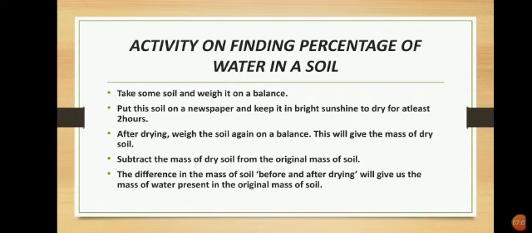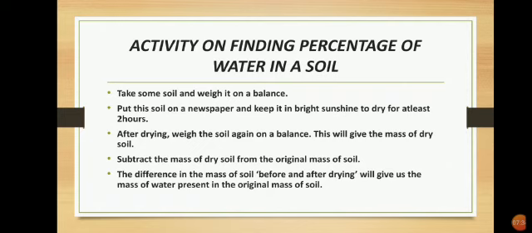Suppose initially you had taken 200 grams of soil, and after keeping it under the sunlight for around 2 or 3 hours, when the soil has completely dried, you put the same soil on the common balance again. You will find that the mass has been reduced.